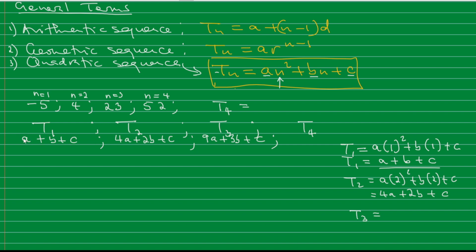This is 1 squared, 2 squared, 3 squared. This one is 4 squared, which is 16a, plus, for the b terms, we are going 1b, 2b, 3b, so this one will be 4b, plus c.